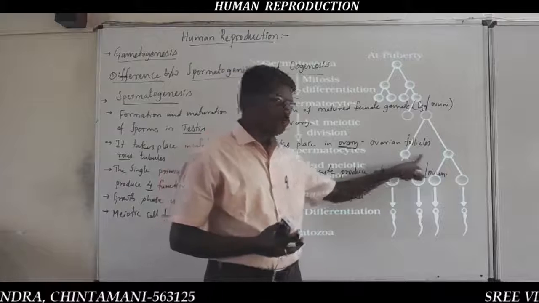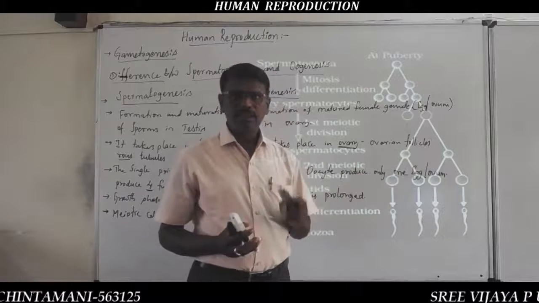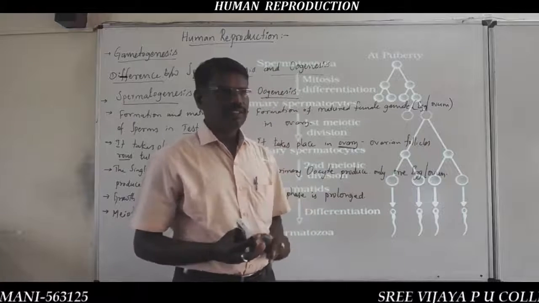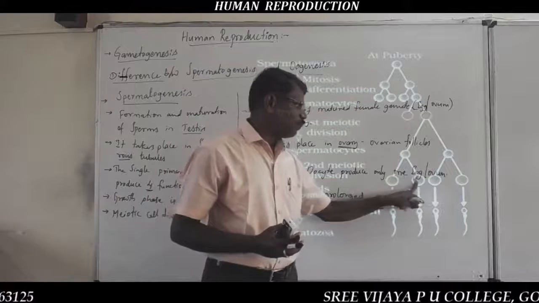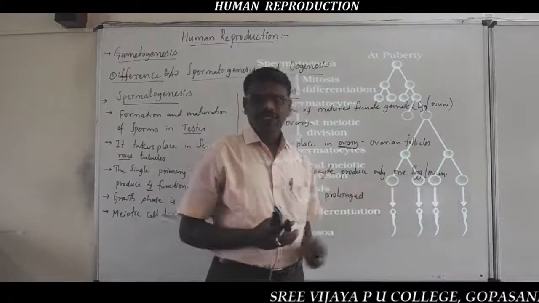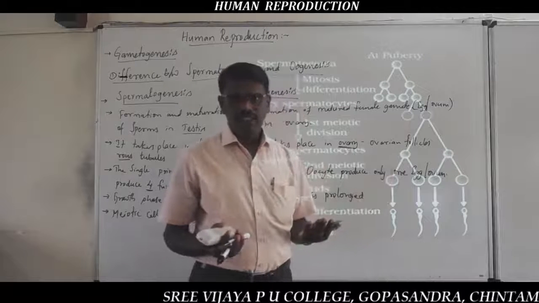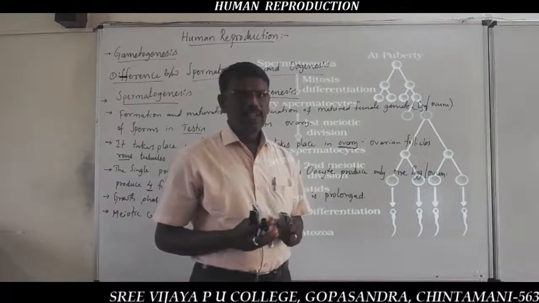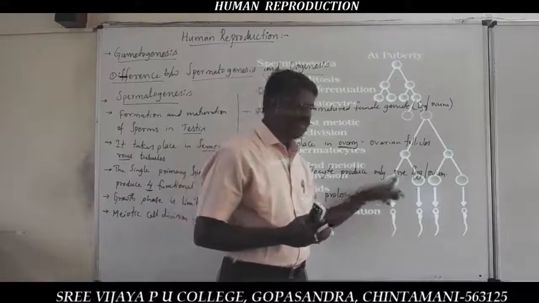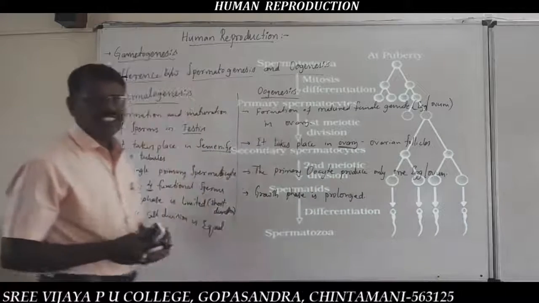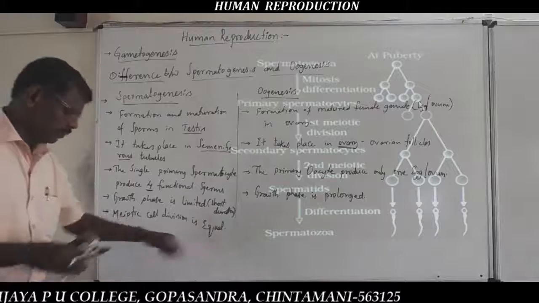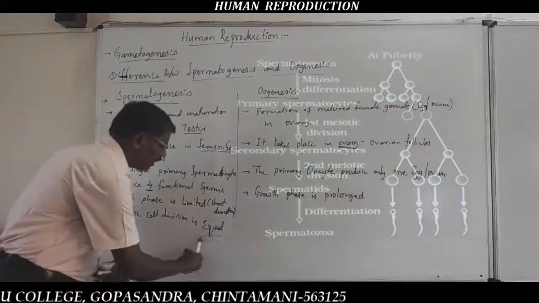The two secondary spermatocytes, after the meiotic second cell division, produce four spermatids. These four spermatids are equal in size, so meiotic cell division in spermatogenesis is equal.